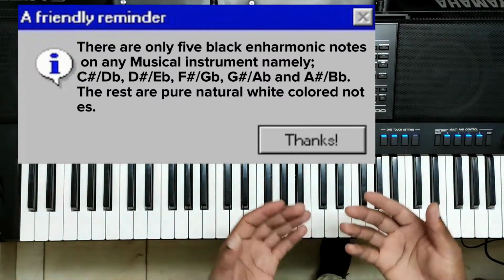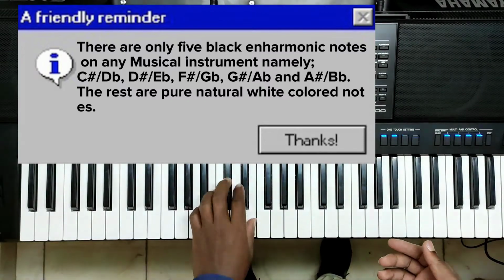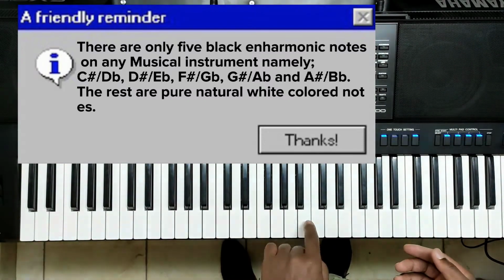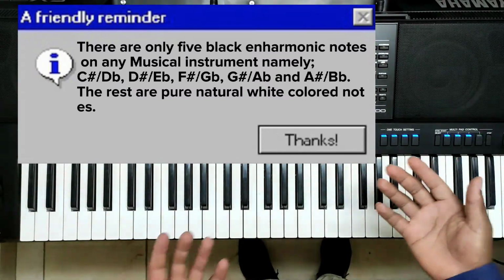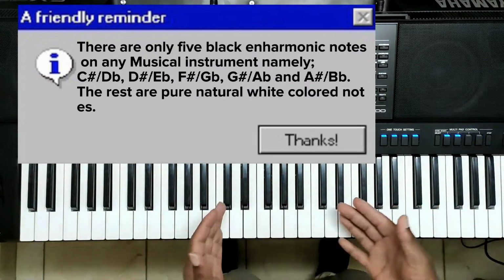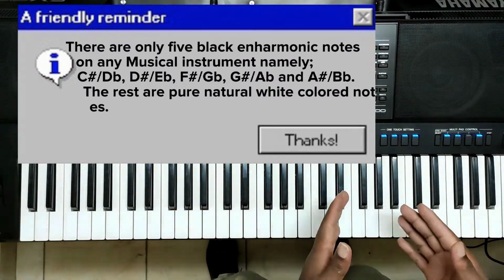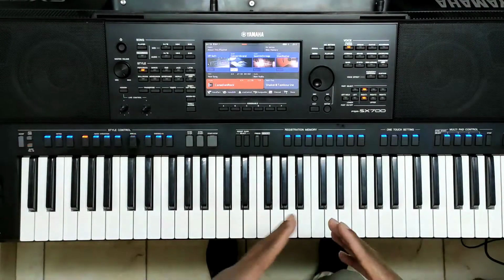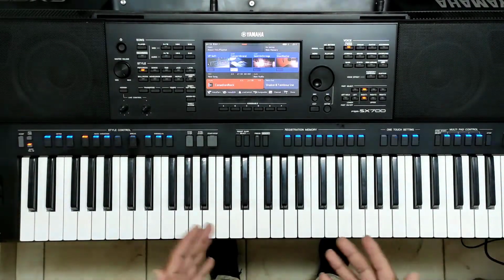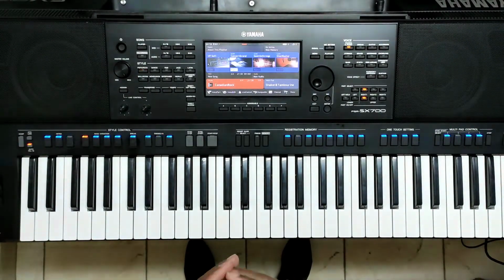Musical notes are only 12. 1, 2, 3, 4, 5, 6, 7, 8, 9, 10, 11, 12. We only replicate these notes again and over again so that we could have a full musical instrument. Please practice, write down these notes, practice until you become good at them.